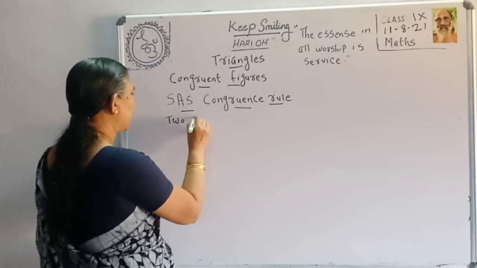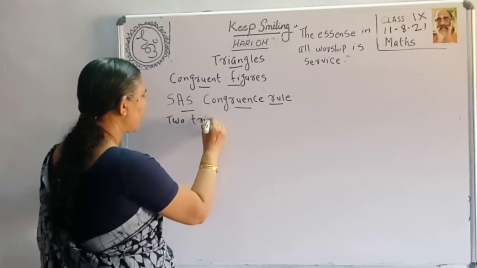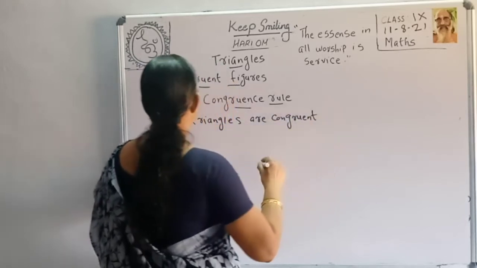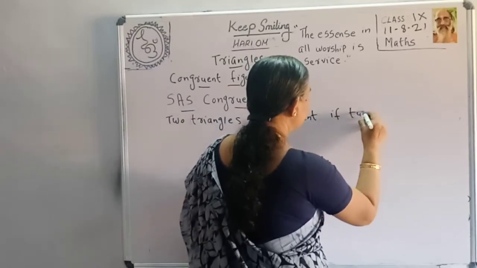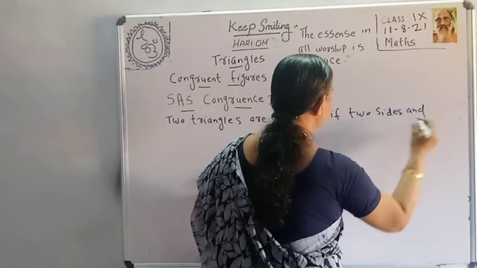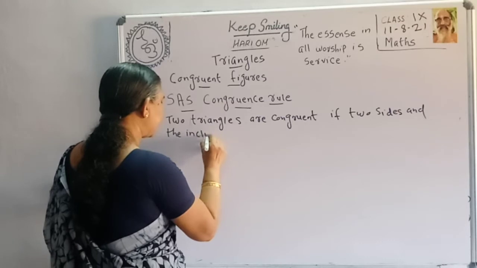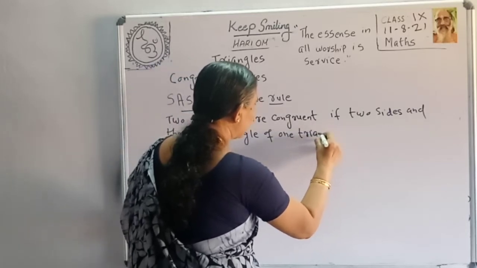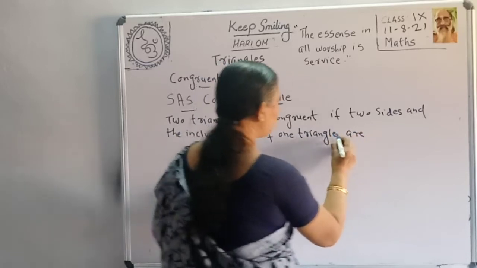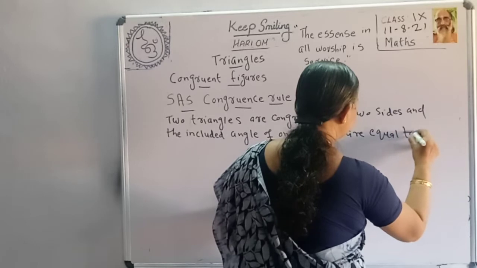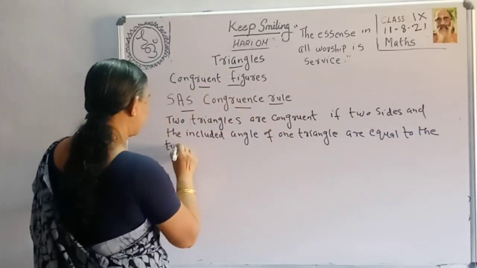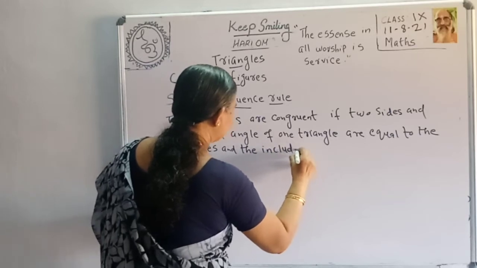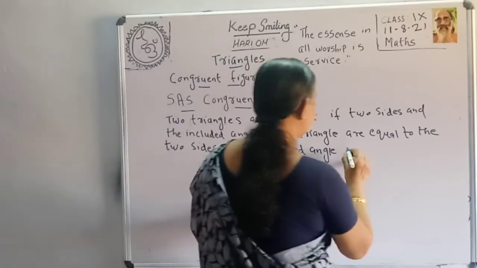Two triangles are congruent if two sides and the included angle of one triangle are equal to two sides and the included angle of the other triangle.